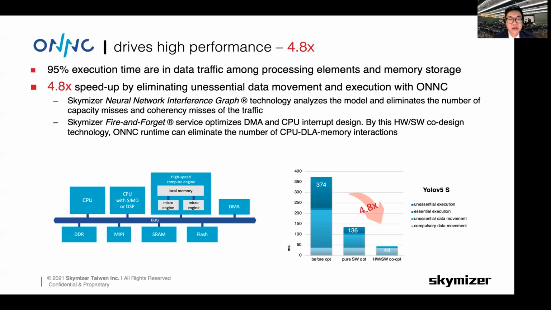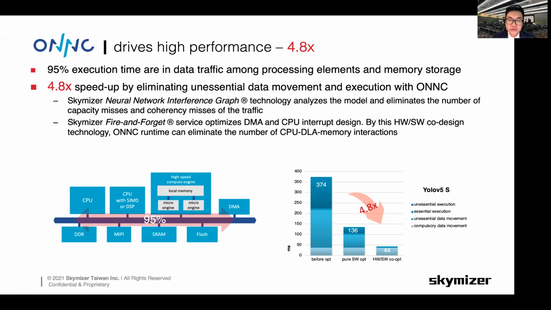Let's take a look. ONC is not only a compiler, not only software, it's a hardware-aware, especially architecture-aware compiler, which means we can deeply understand the communication between SoC components. And as you can see, 95% of execution time is actually spent on the communication between different components in the SoC, like the communication between SRAM and the memory, the communication between memory and DLA.